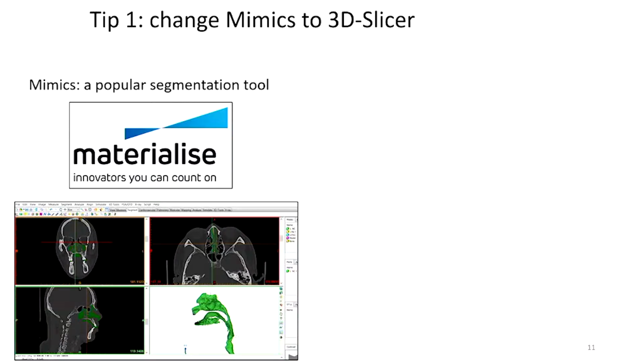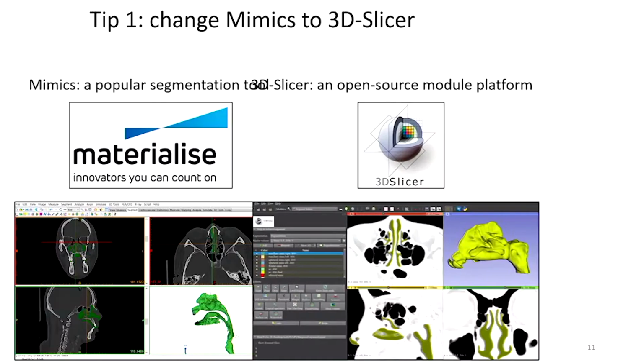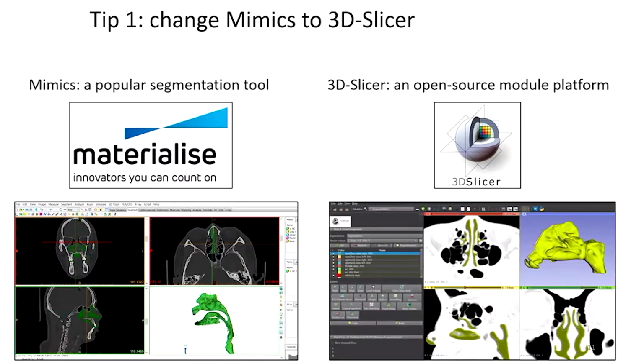Sometimes it lacks some professional functions to segment detailed structures like ethmoid sinuses. So I changed the segmentation software from Mimics to 3D Slicer.